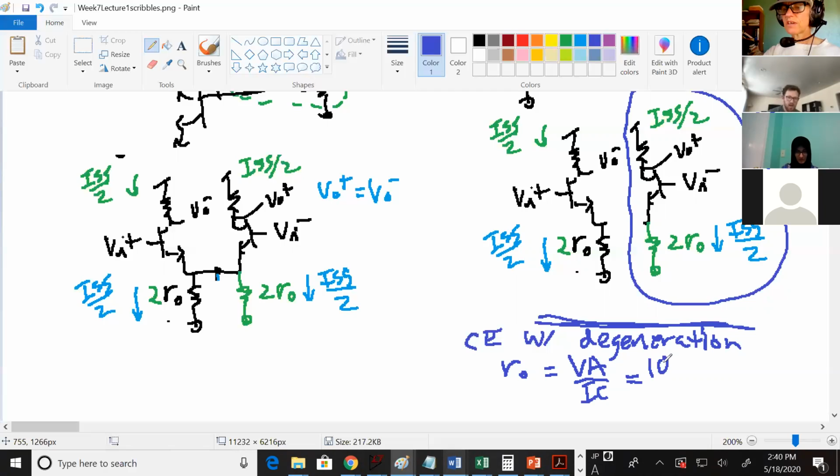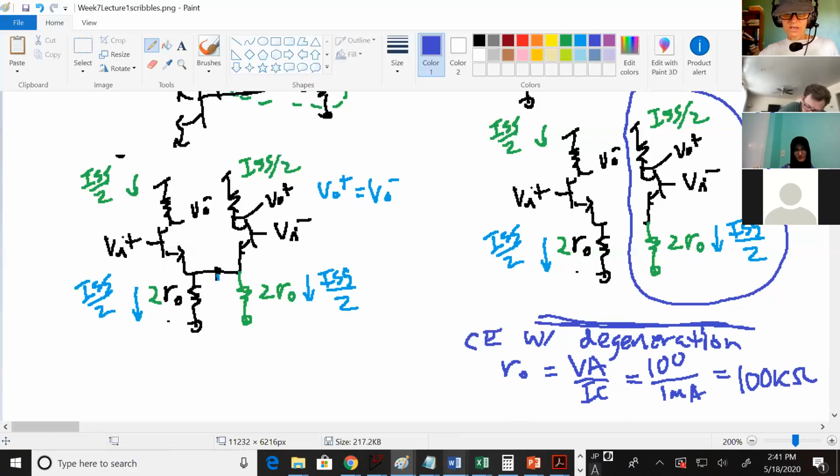For our transistors, VA was like 100, and if we're having 1 milliamp, that is a 100 kilo ohm resistor. So this is a common emitter with degeneration, but degeneration is like 200 kilo ohms instead of 25 ohms like you've been using in lab. So massive degeneration.